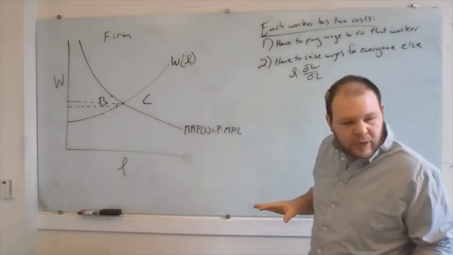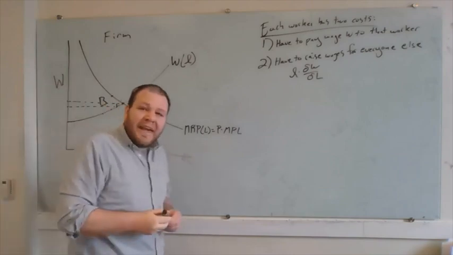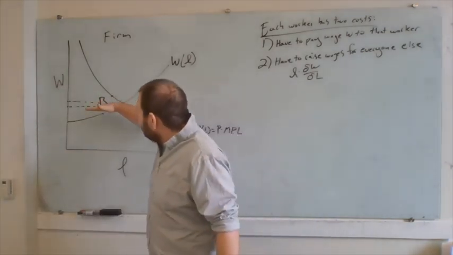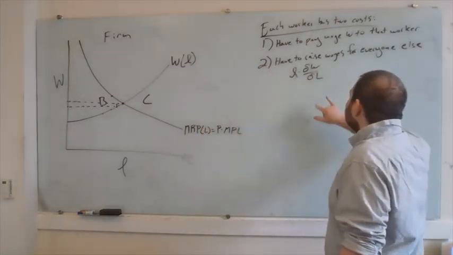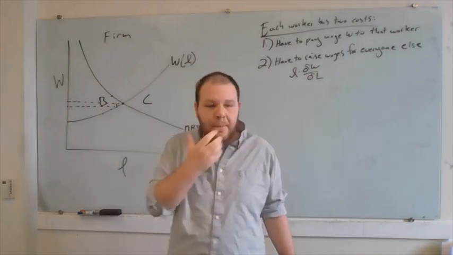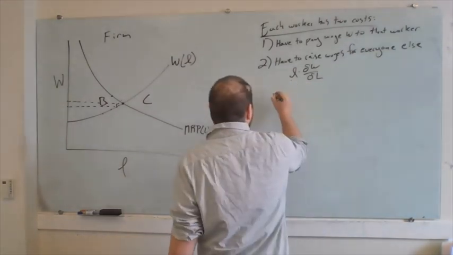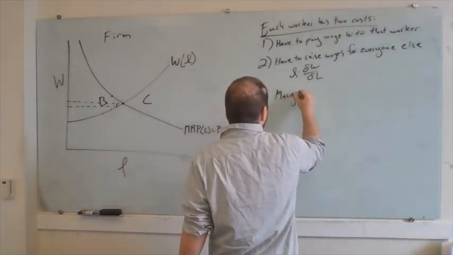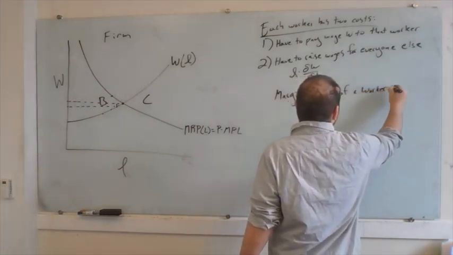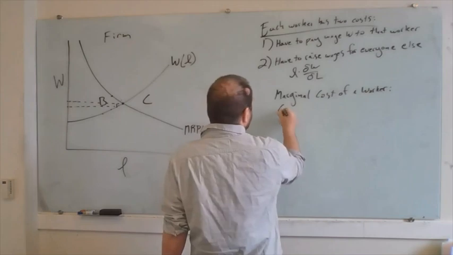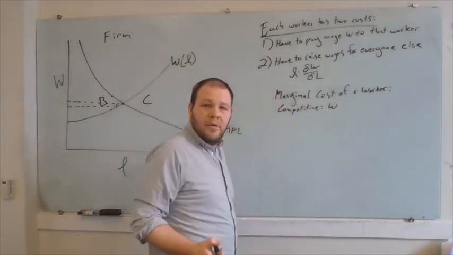Okay. So this is the idea, right? This is the core intuition with monopsony models, is essentially that because firms are able to depress wages and not lose all of their workers, hiring extra workers has this additional cost of having to give everyone a raise. We can think about this mathematically by saying, whereas in a competitive market, right, the marginal cost of a worker, right, in a competitive market, it was just W, right?